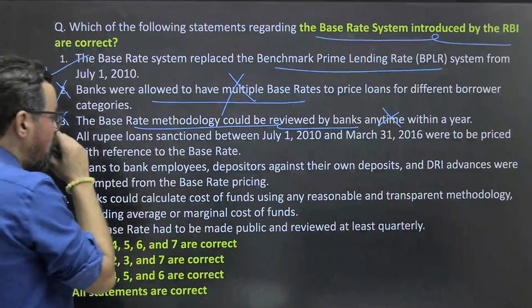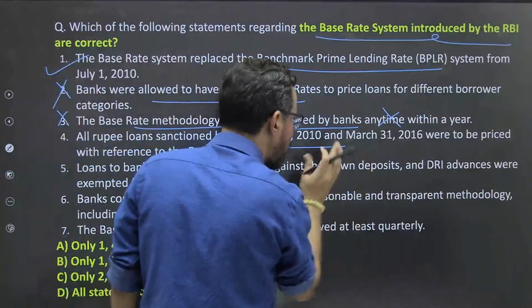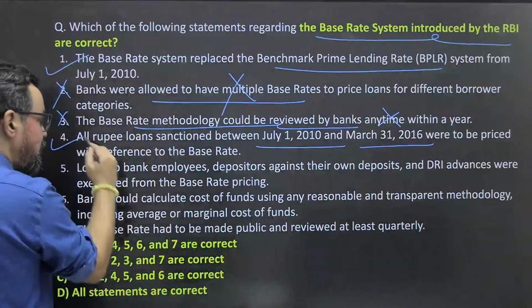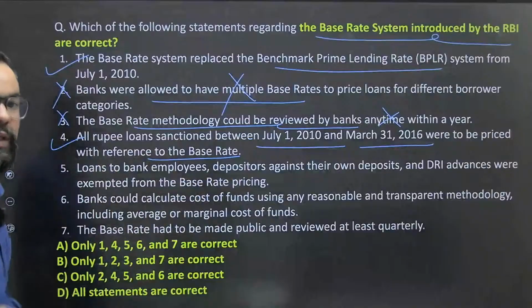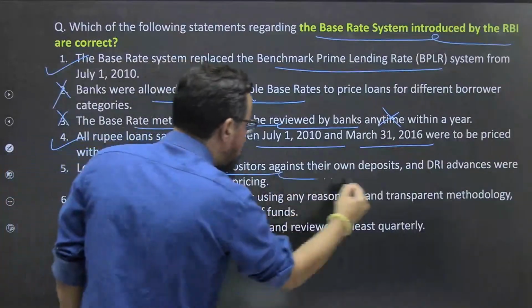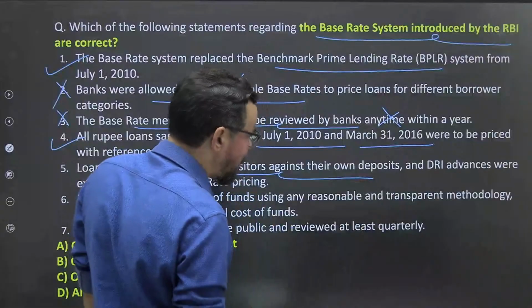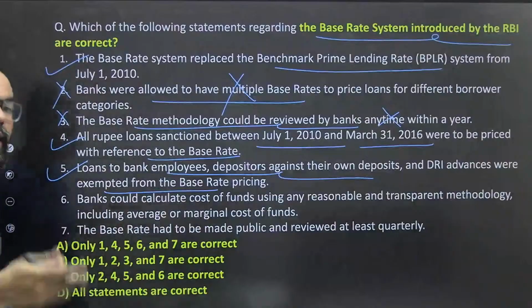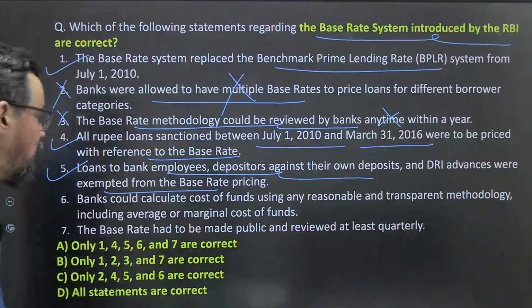All rupee loan sanctioned between July 1st 2010 to 31st March 2016 were priced on the reference of base rate. After that we come up with the MCLR things. Loan to bank employee, depositor against their own deposit and DRI advances were exempted from the base rate and even they are exempted from the MCLR also.